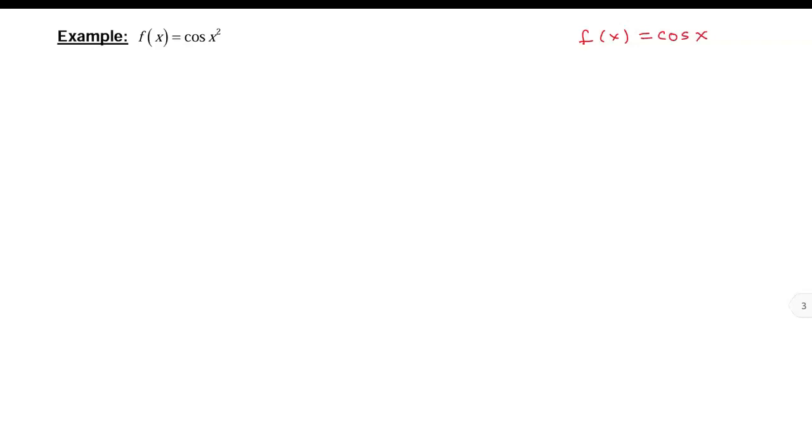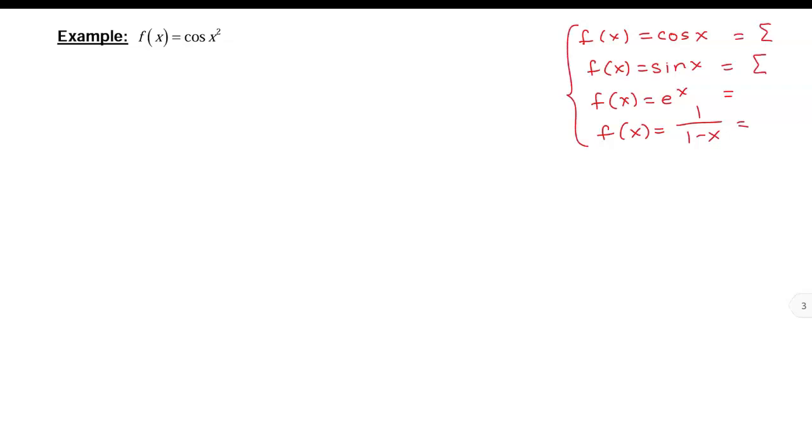The other ones that you'll need to look at are sine of x, which I did not do here, so you need to look at that one. Then there was e to the x, and then the old favorite geometric, 1 over 1 minus x. So if you have these four memorized and you know their series, then you'll have an easier time with Taylor series on the AP test.